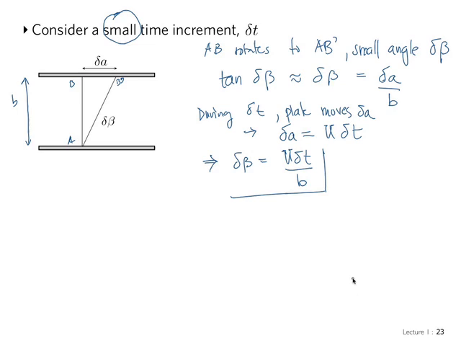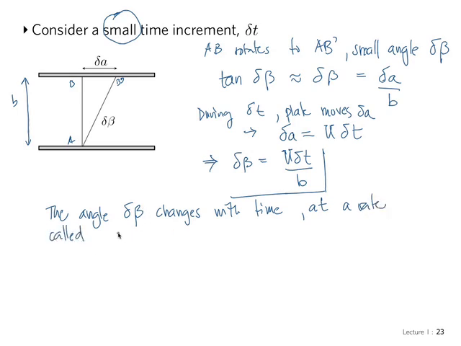Now, the angle delta beta varies with time, right? But we're looking at a very small time increment. And the angle delta beta varies with time at a rate which is capital U divided by b. So the angle delta beta changes with time at a rate called the rate of shearing strain.